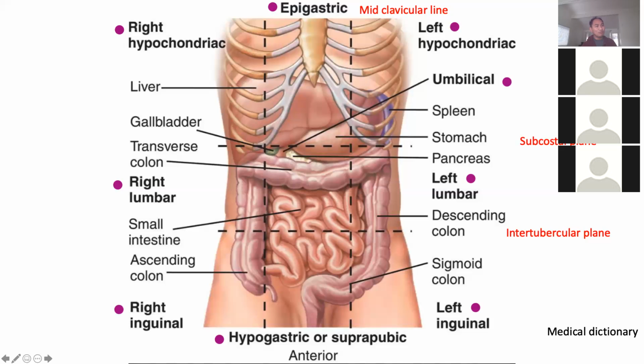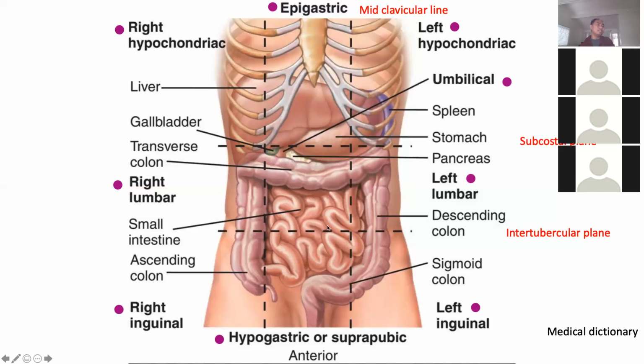The most bottom one is the hypogastrium, just above the pubis, the suprapubic region. In the center where our umbilicus is, we say, hey, umbilical region. And then on the sides, the right lumbar region and left lumbar region.